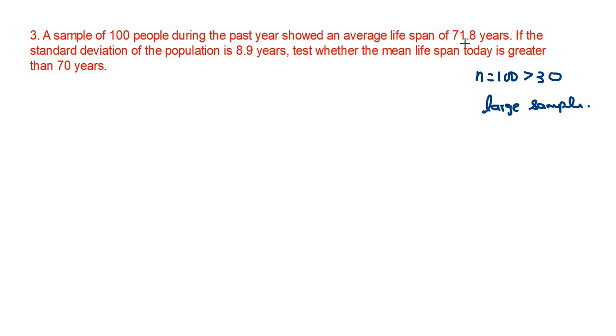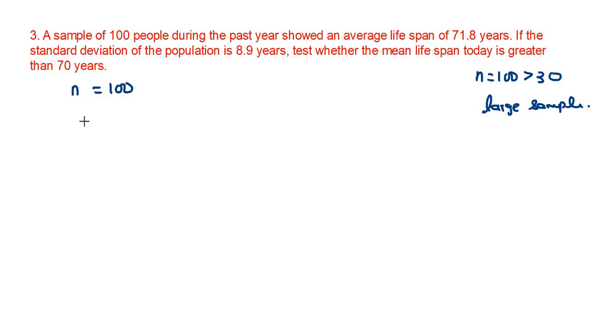And this is the mean of the sample. If the standard deviation of the population sigma is 8.9, test whether the mean lifespan today is greater than 70. So the question is, whether the population mean is 70 or greater than 70. So population mean 70 is given. So now we'll first write the given data.